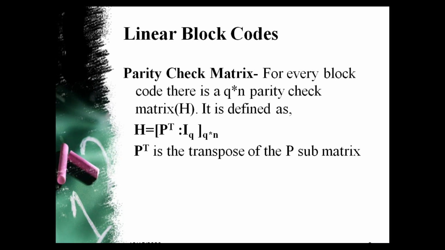The general form of the H matrix is that the initial part is the transpose of that P matrix. We know what that P is, the submatrix of that generator matrix.